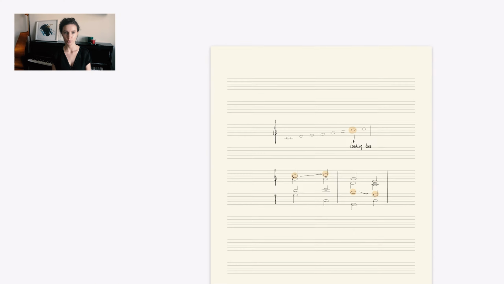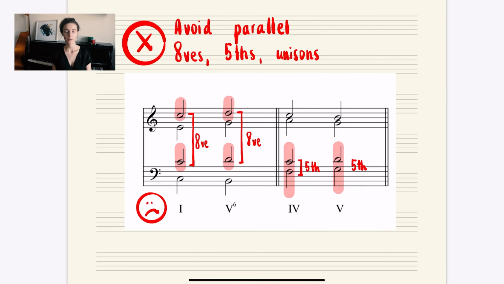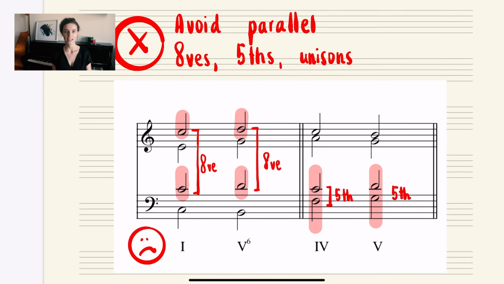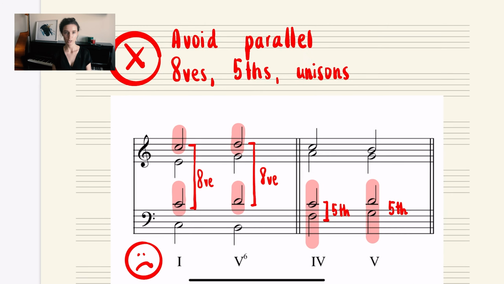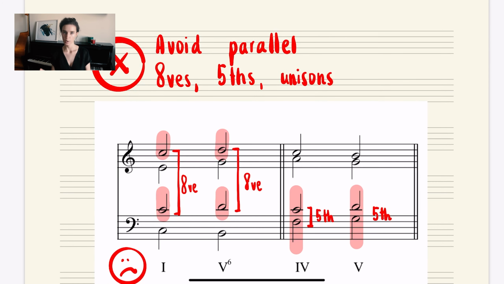The second rule of voice leading is avoid parallel octaves, fifths, and unisons. If you have a chord and there is an interval of an octave between two voices in that chord, and then you have another chord and the same two voices, the ones that are an octave apart, move by parallel motion, this is when you have parallel octaves.